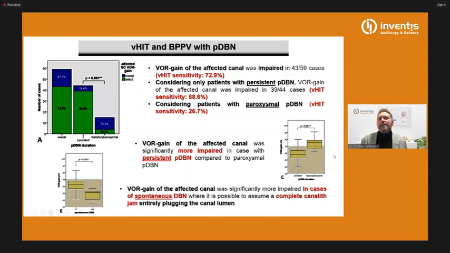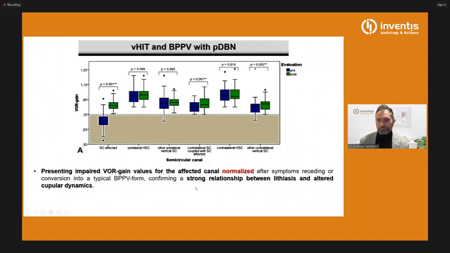And of course, the gain of the affected canal was significantly more impaired in those cases with a spontaneous downbeat nystagmus, so probably where we had a complete canal plugging in those cases. And we also saw that the impairment of the gain for the affected canal normalized in all cases, that is, the canal affected before and after repositioning maneuver.